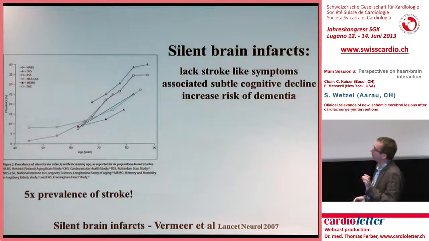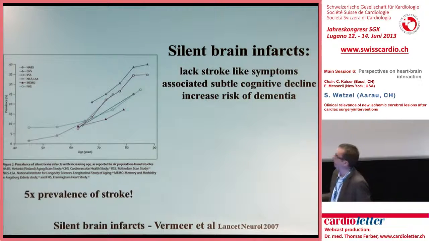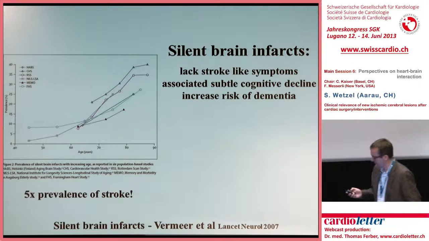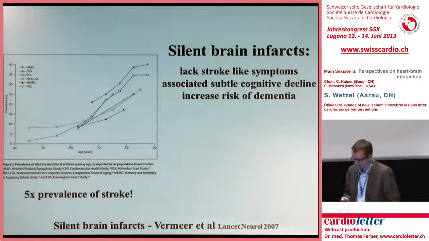And in specific populations, like in patients with cardiovascular disease, the incidence rate is up to well over 50%. And this means we have a lot of old patients with previous silent brain infarcts. And this is associated with cognitive decline and a greatly increased risk of dementia.